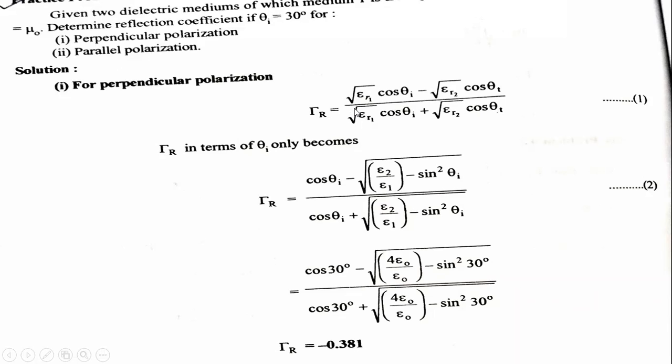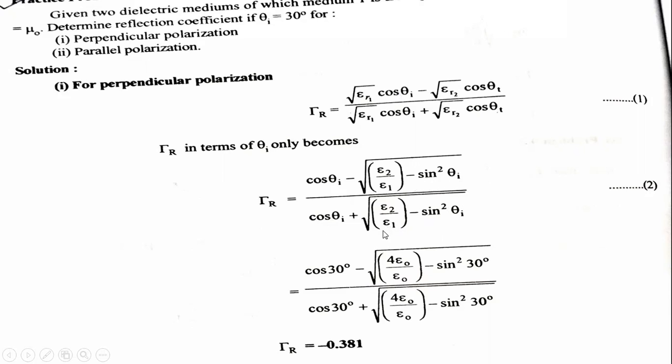So what is my 2r? If I want to calculate for perpendicular polarization, we remember 2r is equal to root of epsilon r1 cos of theta I minus root of epsilon r2 cos of theta t, divided by root of epsilon r1 cos of theta I plus root of epsilon r2 cos of theta t. So with epsilon r in terms of theta I only, 2r is equal to, we can take a common factor, cos theta I minus root of epsilon 2 divided by epsilon 1 sine square theta I, because the two media 1 and 2 give the ratio.